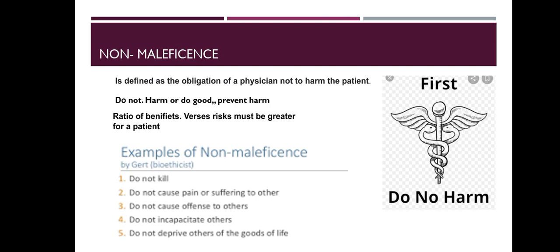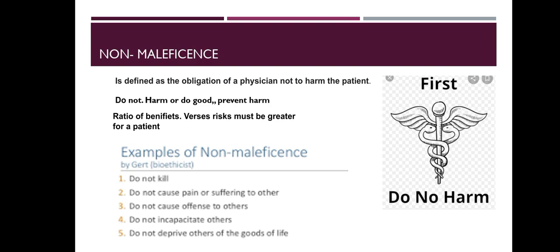They will do good, and they will not allow any harm to reach the patients or the society. The third point is that researchers, doctors and nurses should keep in mind that the quantity of benefits for the patient under their treatment must be greater than the quantity of risks or dangers or negative aspects.